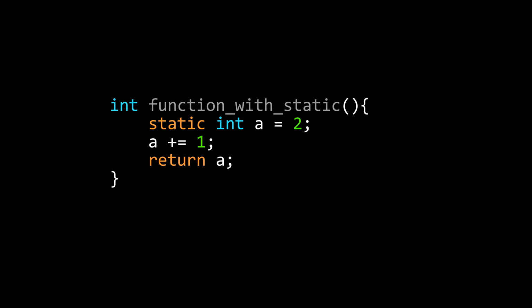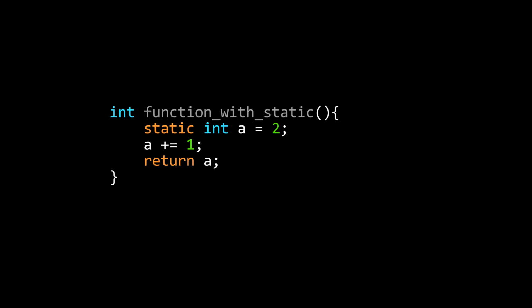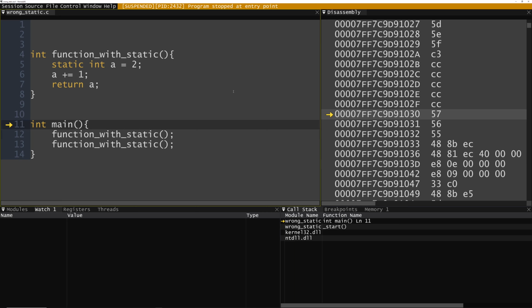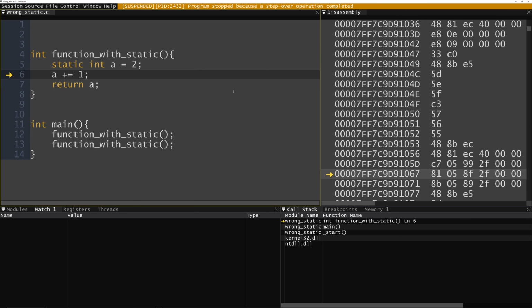Look at this function. Currently the emitted IR would look something like this, meaning that the IR for the static declaration is also within the same function as the IR for the rest of the function. But this would mean that the result would always be 3, because the initializer of the static variable would be evaluated on every call.